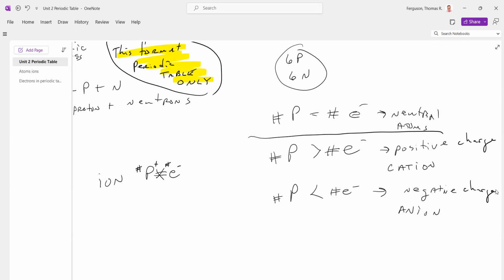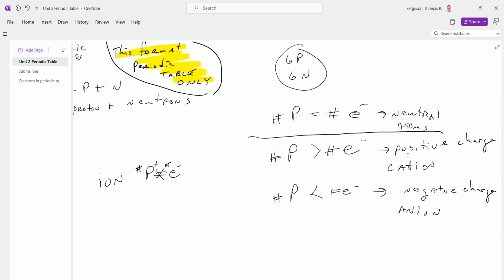Now, a good way to remember this is to think of the T as a plus sign. So we took that T and made it like that. The T looks like a plus sign now.